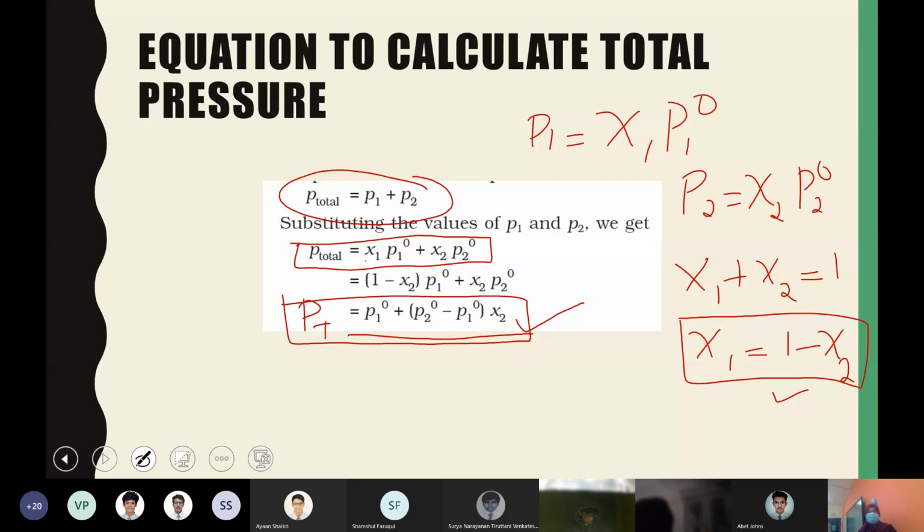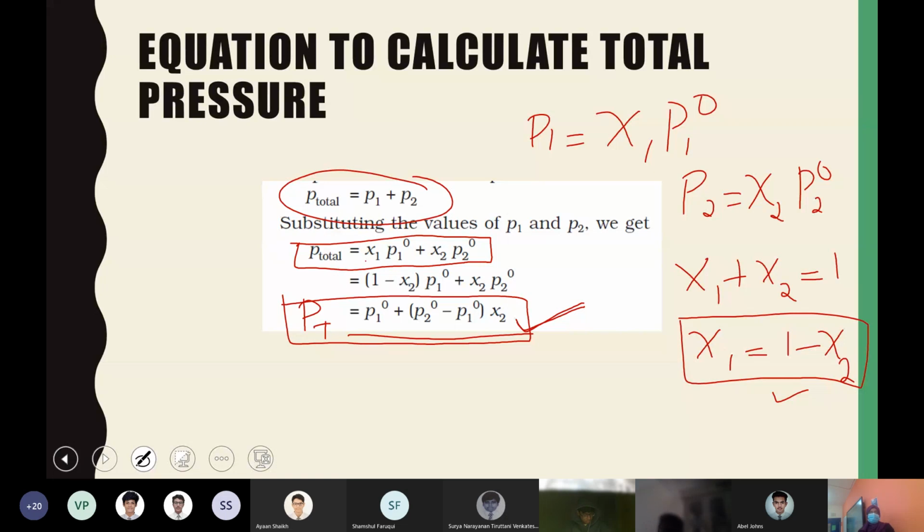Otherwise, if both of them are known, then you can just use the normal equation P total is equal to P1 plus P2. So you will have chi1 and chi2, P1 naught and P2 naught values. So you can use the normal equation, but this modification is done in order to use the same calculation when only the mole fraction of one of the components is known to you. So this is just the modification.